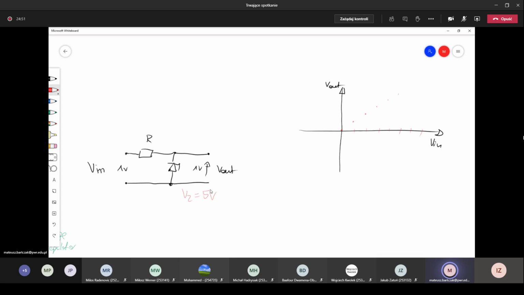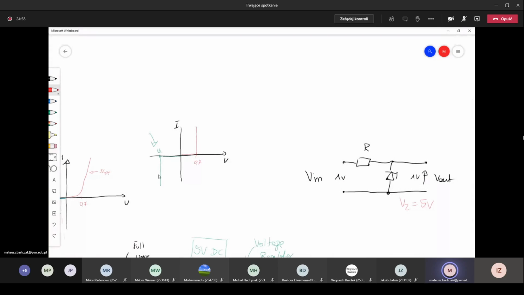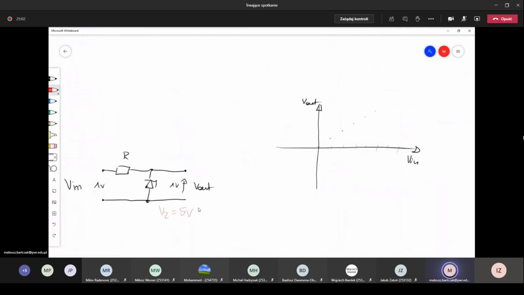For the ideal one, it will conduct any value of the current. So when we start to increase the voltage, the voltage will always remain on this same level. So we have 5 volts of this Zener, Vz equal to 5 volts.